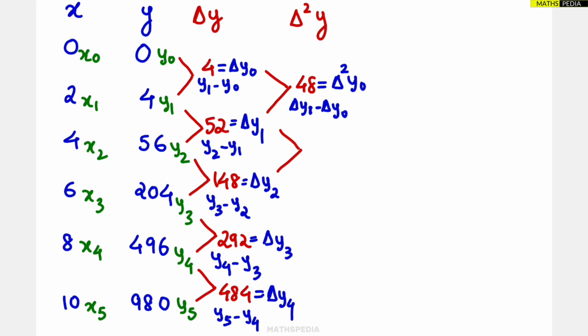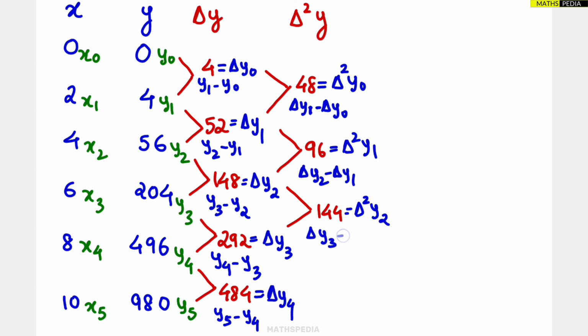Next, the difference of this and this, how much will we get? 148 minus 52 is 96, and we got this from delta y2 minus delta y1, and it is equal to delta square y1. The next value is 292 minus 148, which is 144, and this value is delta square y2, delta y3 minus delta y2.